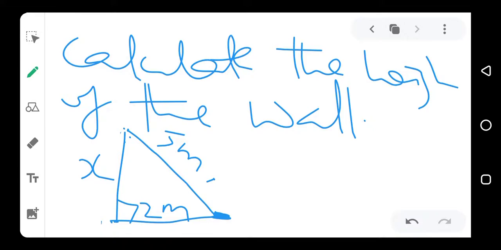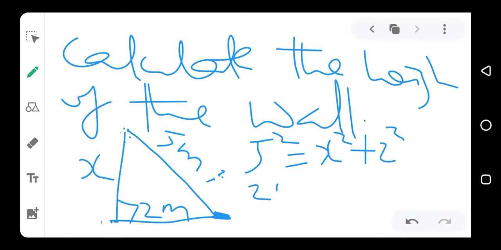Now we can calculate the side x, that is the height of the house, by using Pythagoras theorem. So we say that this side, which is the hypotenuse, the square of it is equal to the sum of the squares of the two adjacent sides. That means that 5 squared is equal to x squared plus 2 squared.